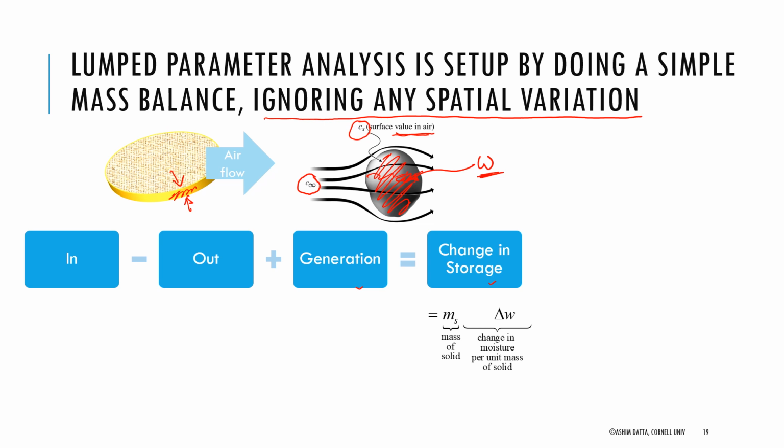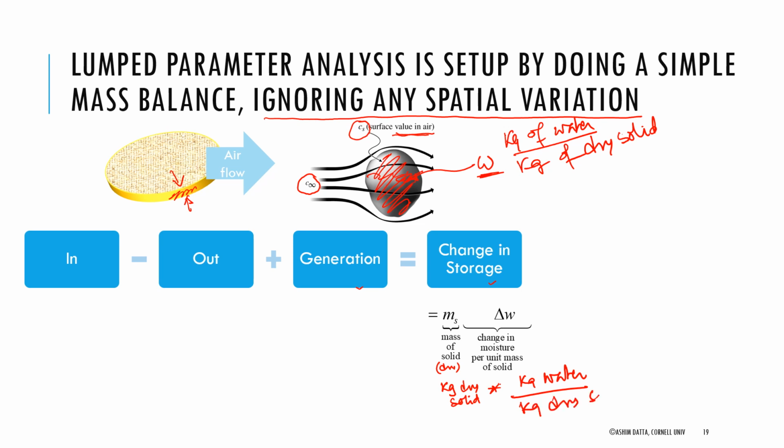So if ms is the mass of dry solid, say in kilograms of dry solid, and W is the moisture content, kg of water per kg of dry solid, then delta W times ms would be this times kg water per kg dry solid.